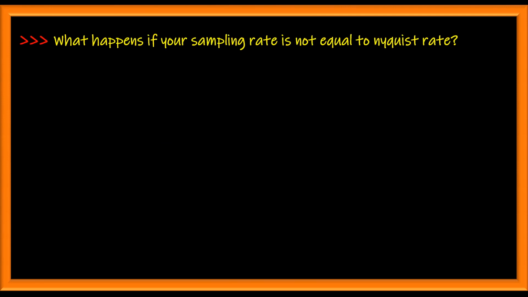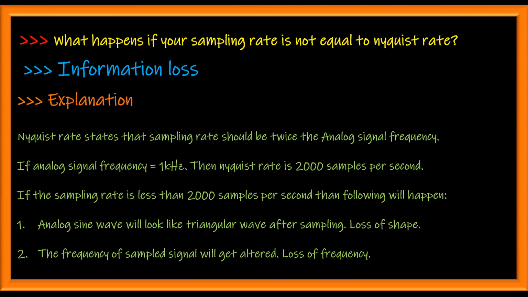What happens if your sampling rate is not equal to Nyquist rate? So, what is Nyquist rate? Nyquist rate is defined as the sampling rate which is twice the signal frequency, as shown here.